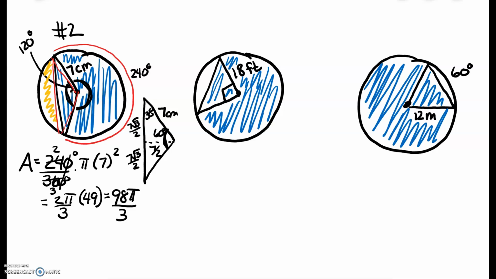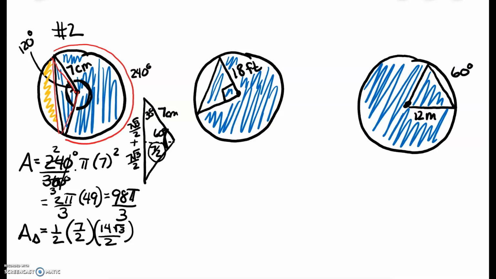The height of my triangle is 7 halves, and the base of my triangle is 7 radical 3 over 2 plus 7 radical 3 over 2. So the area of my triangle is 1/2 times my height, which is 7 halves, times my base, which is 14 radical 3 over 2.